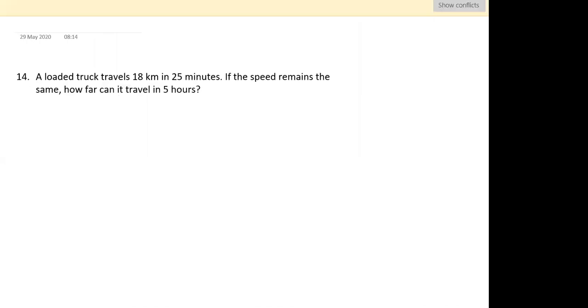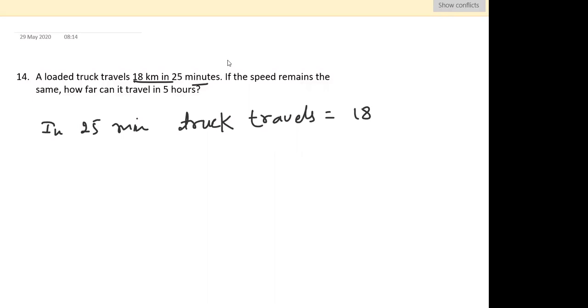The next question is, a loaded truck travels 18 kilometers in 25 minutes. Okay, 18 kilometers in 25 minutes. So write, first of all, in 25 minutes, the truck travels 18 kilometers.